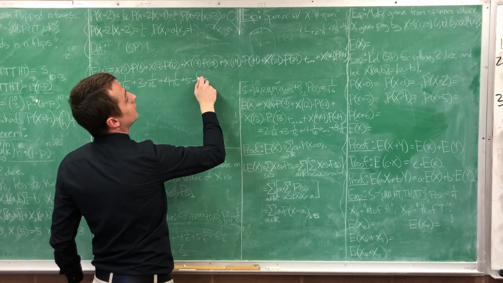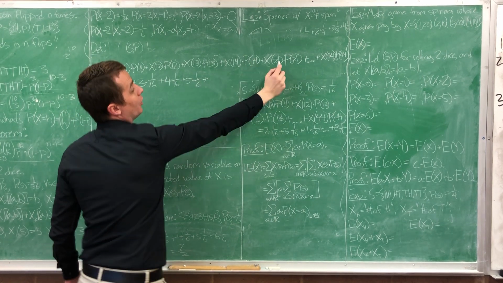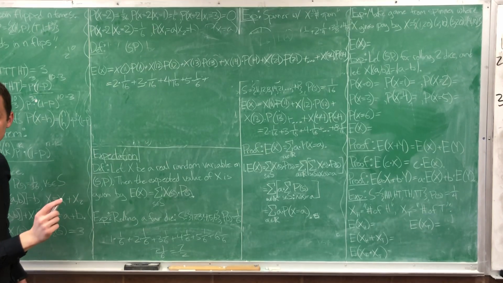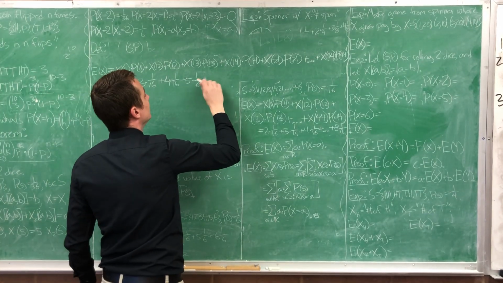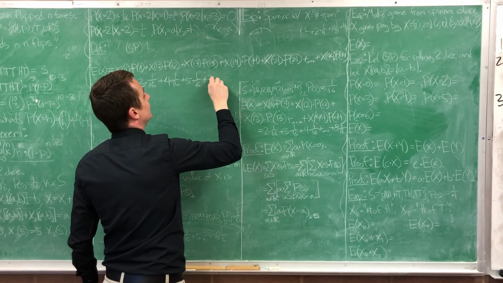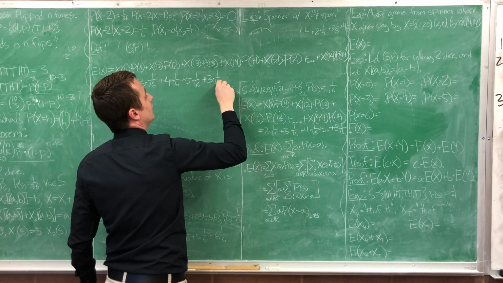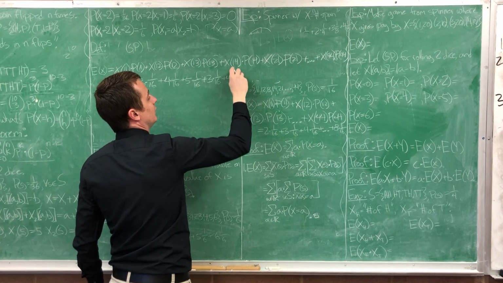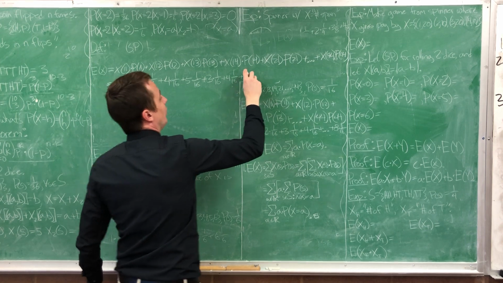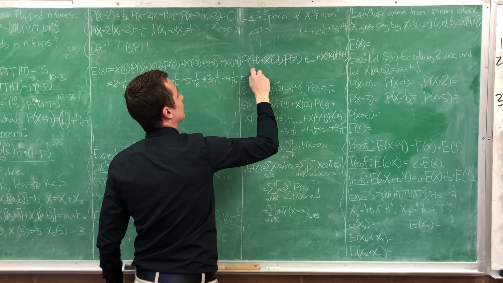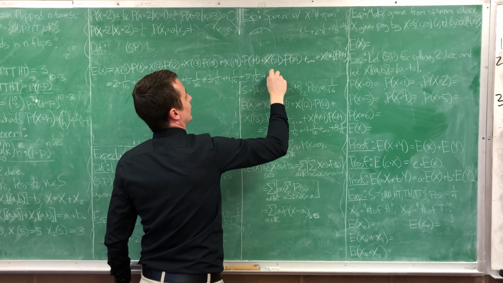Plus 3 times 1/16. And then we would do plus 4 times 1/16 would be the next one, right? Plus 5 times 1/16. Plus 6 times 1/16.